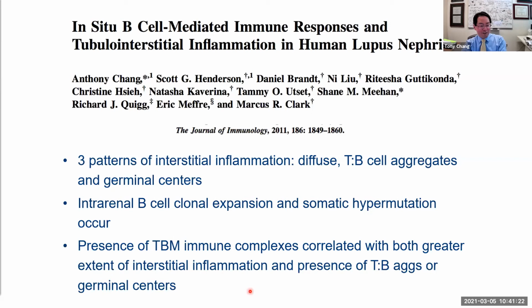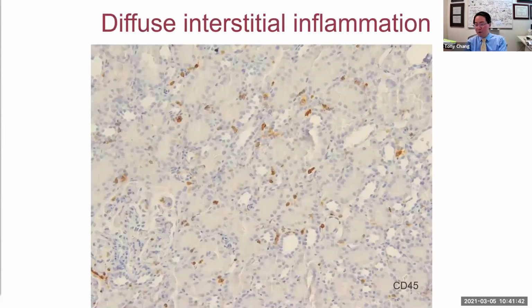And in our cohort, there was a nice correlation with the presence of tubular basement membrane immune complexes, which seems to correlate with a greater degree of interstitial inflammation. I will recognize that in the literature, this correlation is unclear. But in our hands, we saw a nice correlation, and it may potentially have to do with our cohort here on the south side, where we do have a lot of Black patients with very severe lupus nephritis.